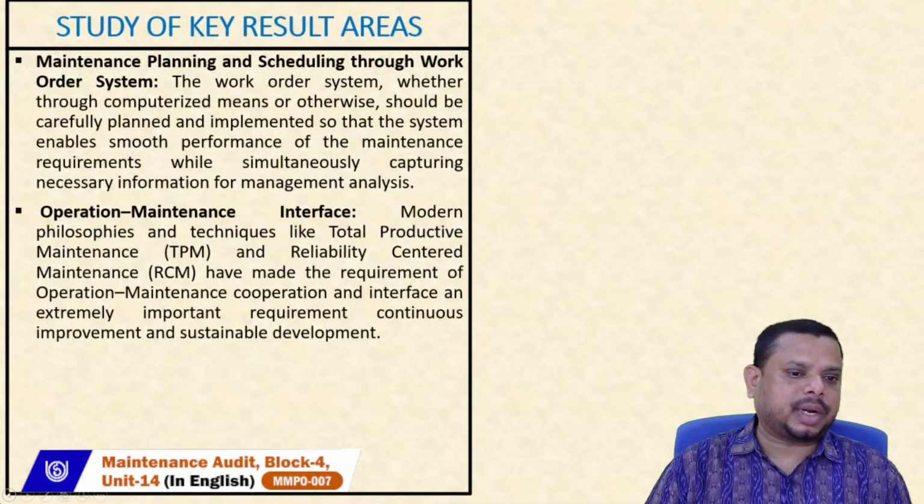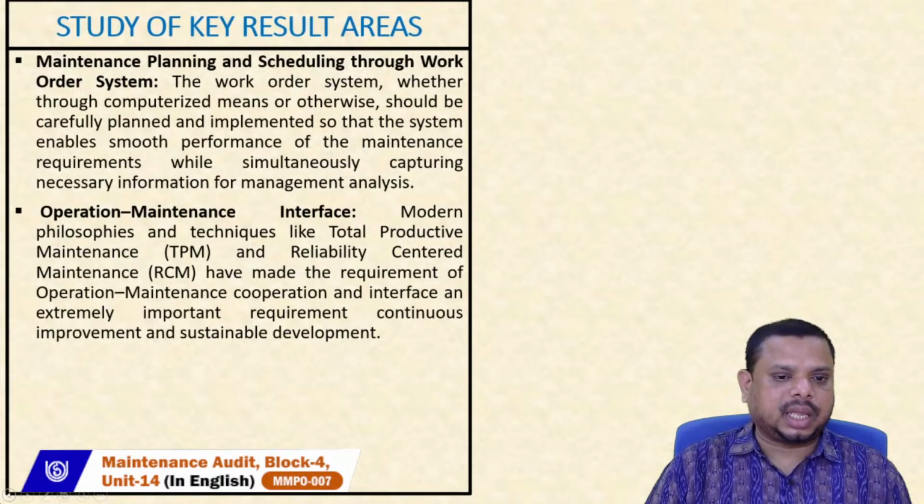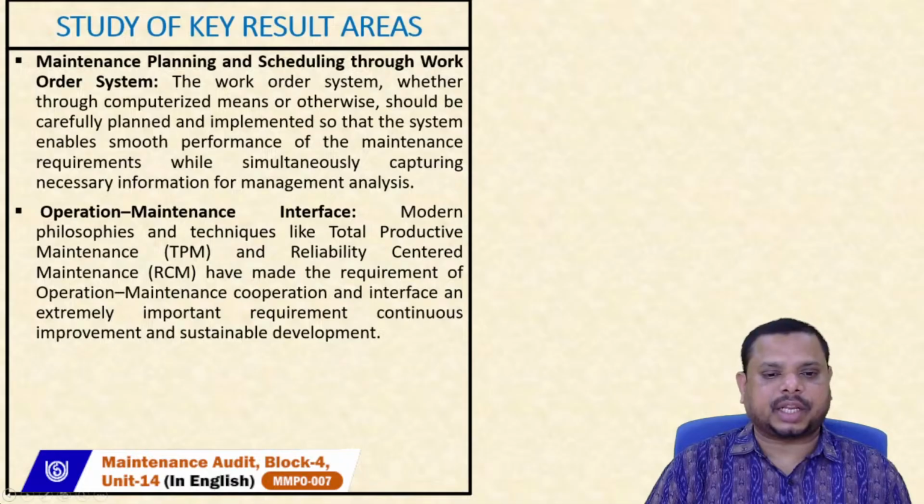For continuous development, if you apply total productive maintenance, you enable preventive as well as proactive maintenance to reduce the breakdown percentage. For sustainability development, the economic, environmental, as well as social scales are to be interfaced between operation and maintenance. So these are the key result areas of maintenance management.